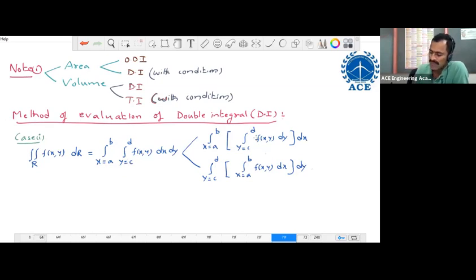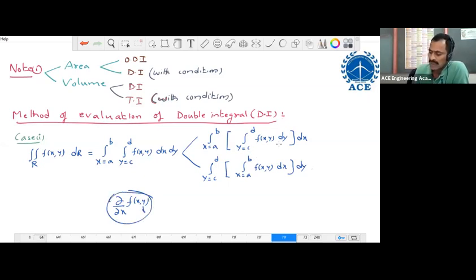Suppose we consider the first one. First we do the inner integral with respect to y. While integrating with respect to y, we treat the other variable x as constant. That is just like partial differentiation. When you differentiate the function of x comma y partially with respect to x, we treat the other variable y as constant. Just like partial differentiation, here we integrate this.